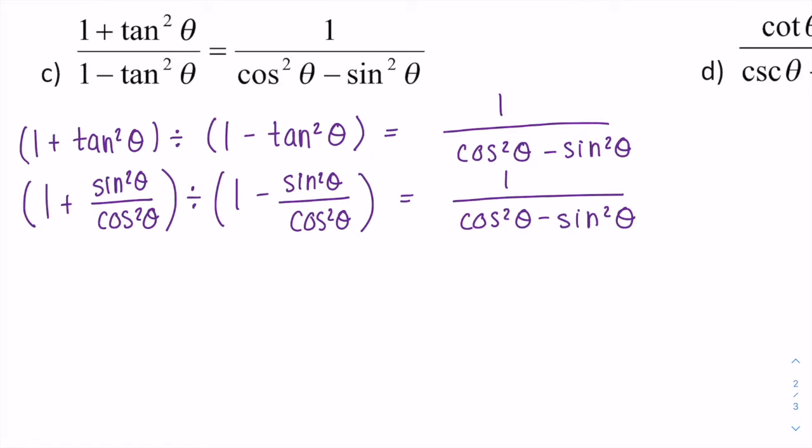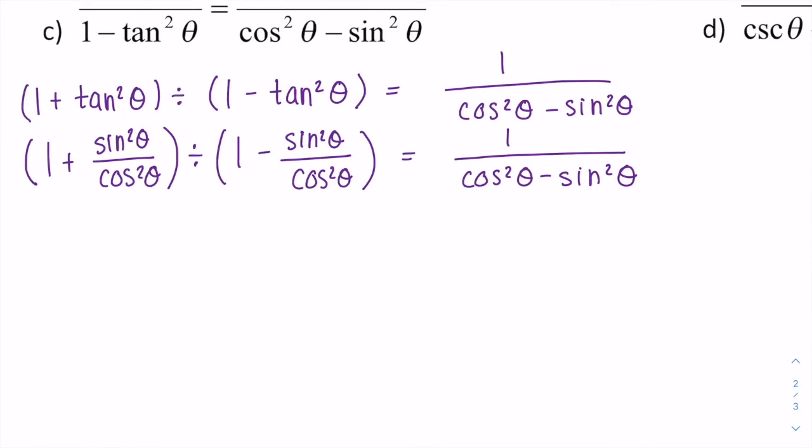There we go. Now, inside each of those brackets, we're going to make some common denominators. So for both of my brackets, my common denominator is cosine squared. So instead of writing ones, I'm just going to write cosine squared theta over cosine squared theta like this.